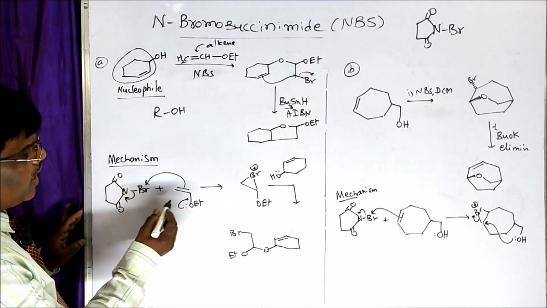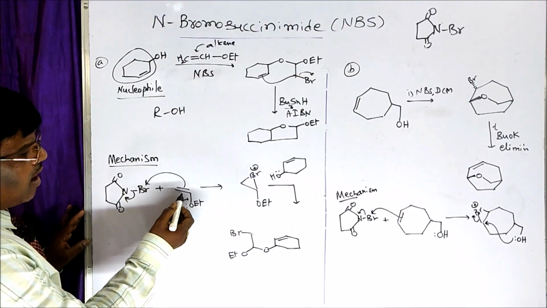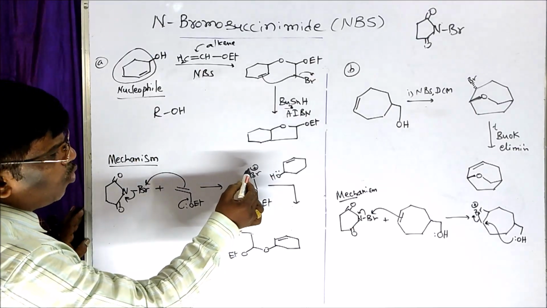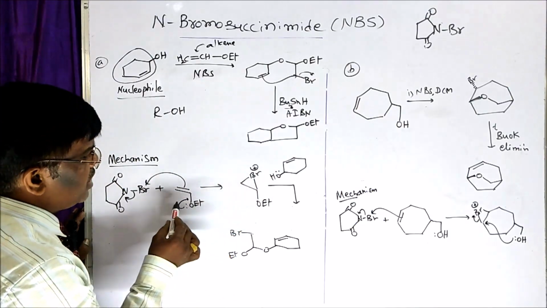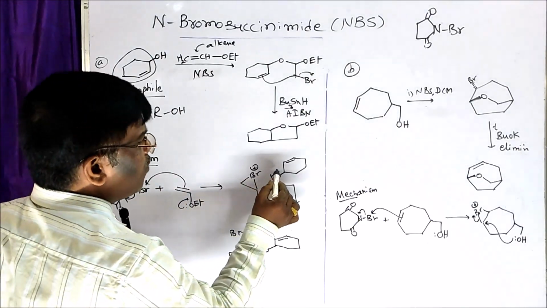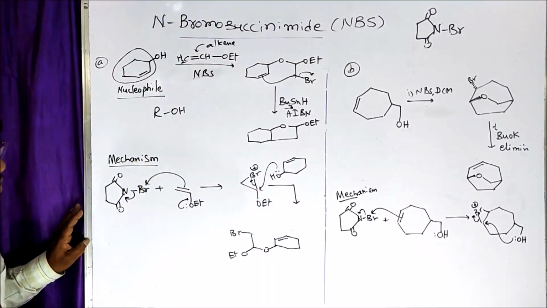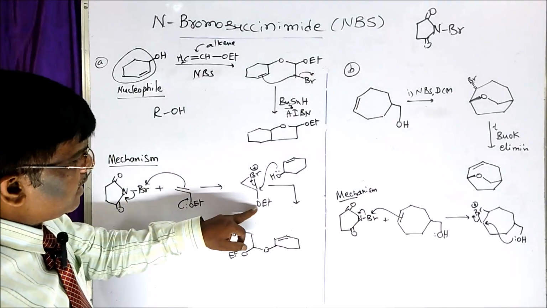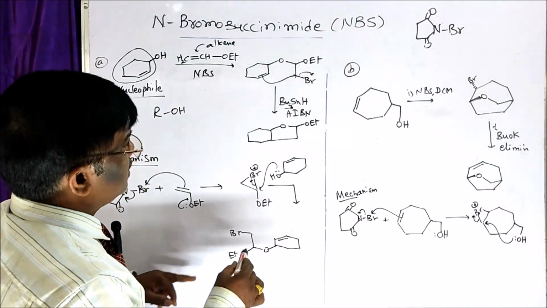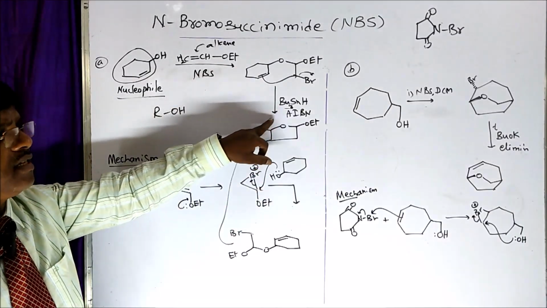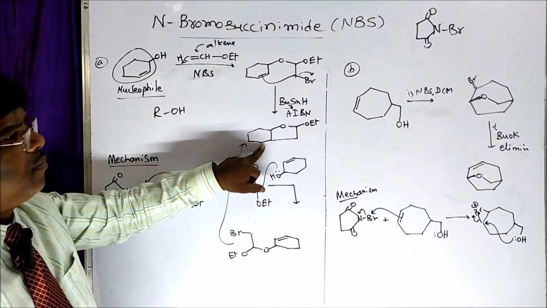N-Bromosuccinimide adds to this ethoxy alkene to give the bromonium ion. So the addition is Markovnikov's addition. Now what is happening? Here it is coming and here it is going out, to give this bromine and this intermediate, which upon reaction with tributyltin hydride in presence of AIBN gives this cyclic product.